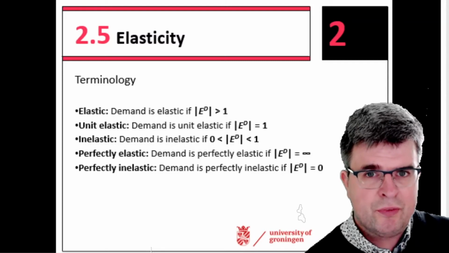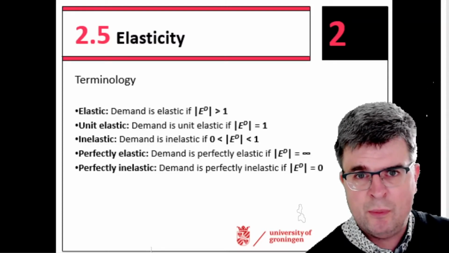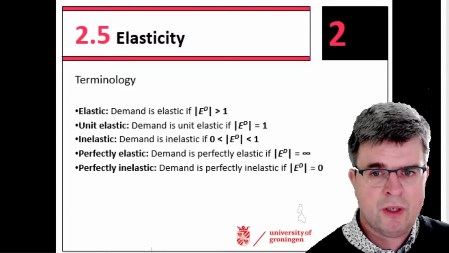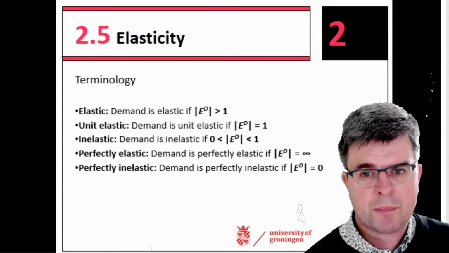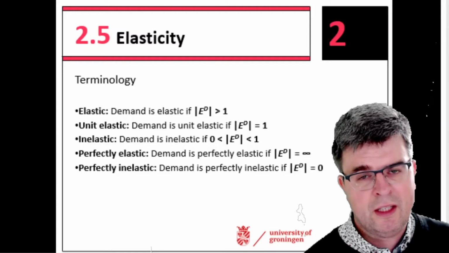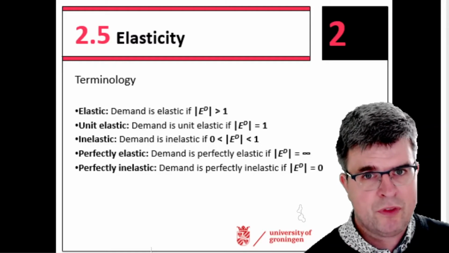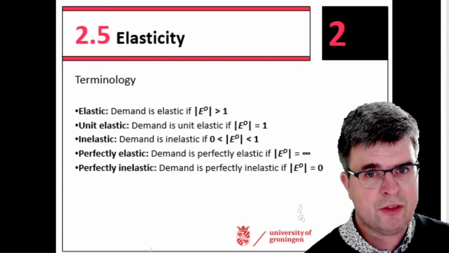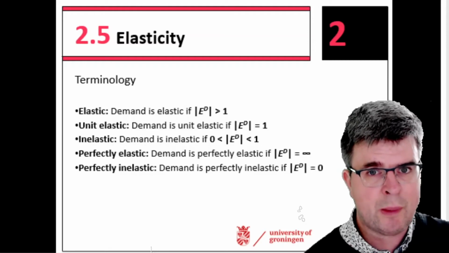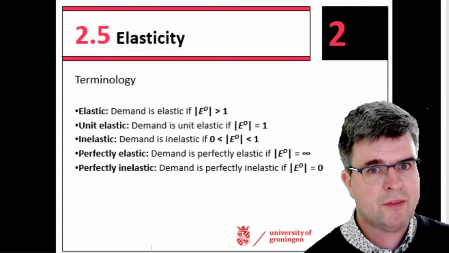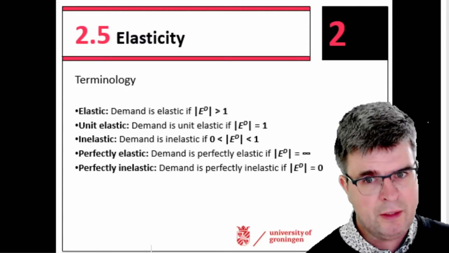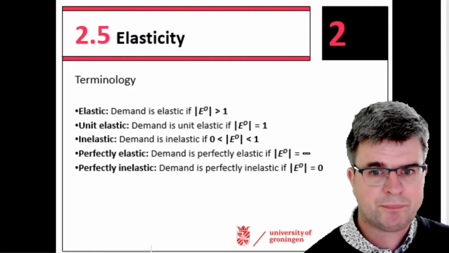Now, for the different sizes of the elasticity, we have different names. We call demand elastic in case the price elasticity of demand is larger than 1. So when a 1% increase in price leads to a drop in demand of more than 1%, we say that demand is relatively responsive and that the demand is elastic.